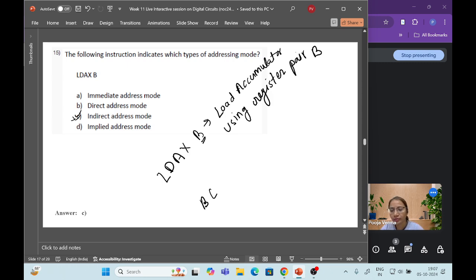So I can write here: register pair here, that means BC, right?